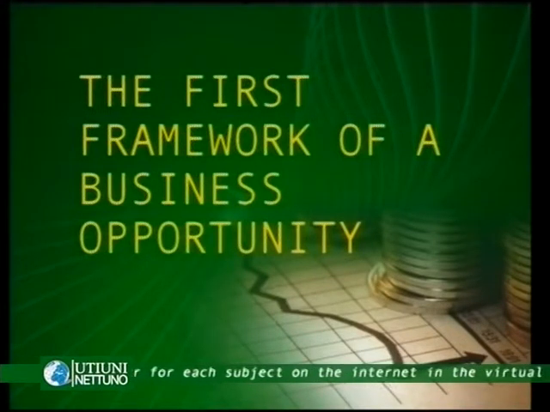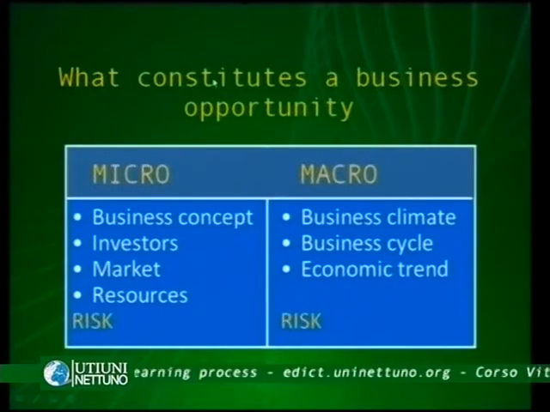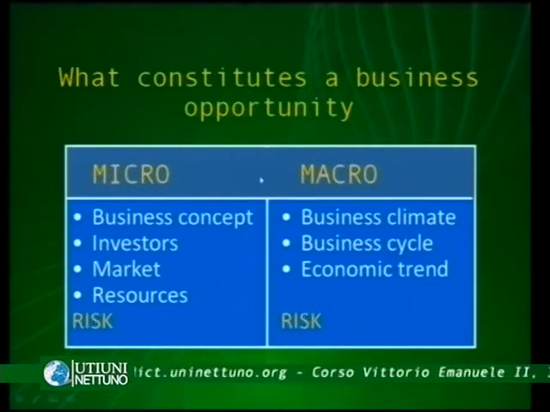So summing up these consistent elements we've seen so far, it's possible to frame a business opportunity into two main elements. So what constitutes a business opportunity? Micro elements and macro elements.